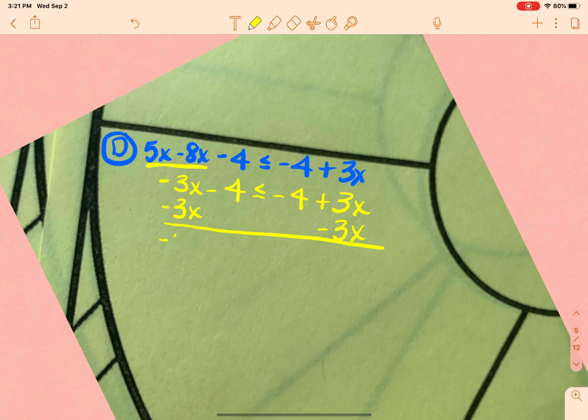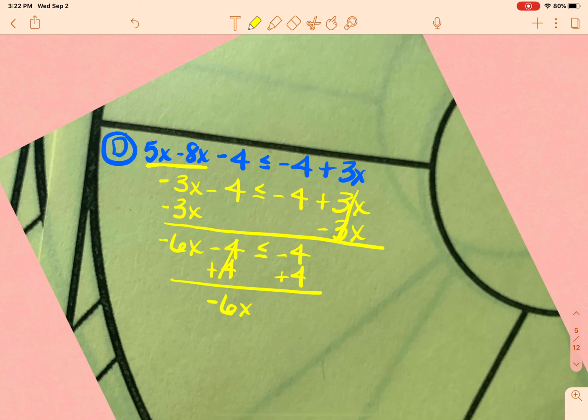So I have negative 6x minus 4 is less than or equal to negative 4, and then those cancel. Now I'm going to try to get x alone. So I'm going to go here. The opposite of subtracting 4 is adding 4. So negative 6x is less than or equal to 0.